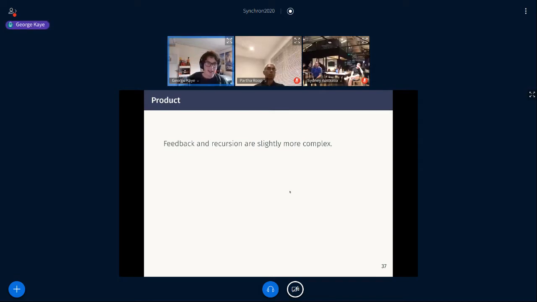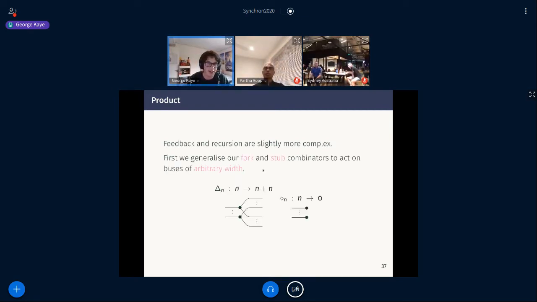So the last thing we need to work out how to represent is feedback. And this is slightly more complicated than just whacking in axioms, as we need to make sure we have a way of unfolding this feedback and doing it over and over again in recursion. So before we look at that directly, we need to generalize these fork and stub combinators. They can work on things of arbitrary length.